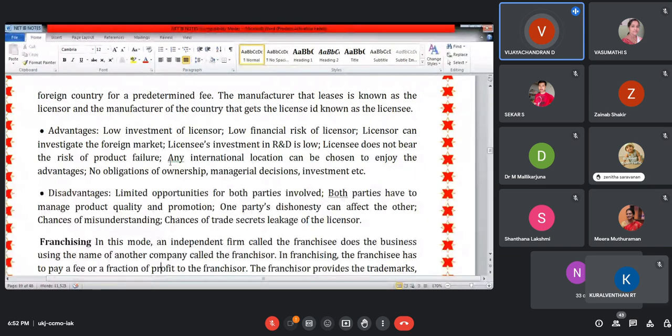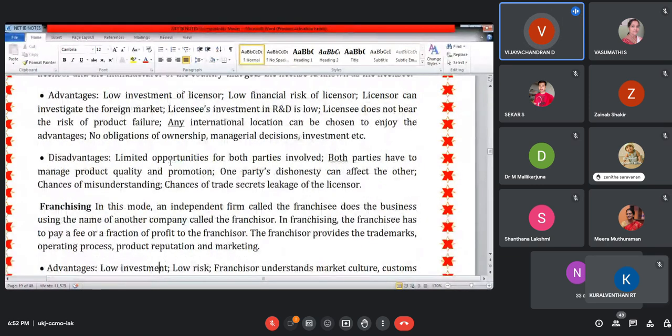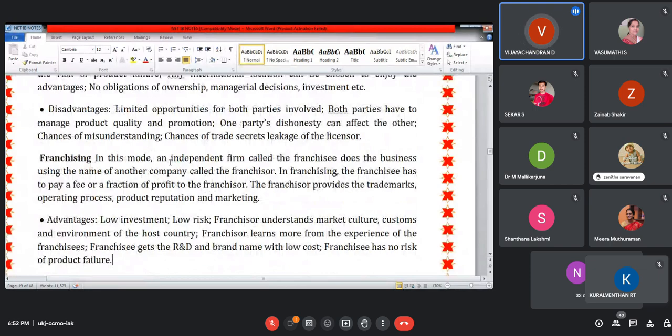And the next one is franchising. As you know, in this mode, the independent firm called the franchisee does a business using the name of the other company. They're simply giving the right of using the name. The hotels are there, many hotels are there.